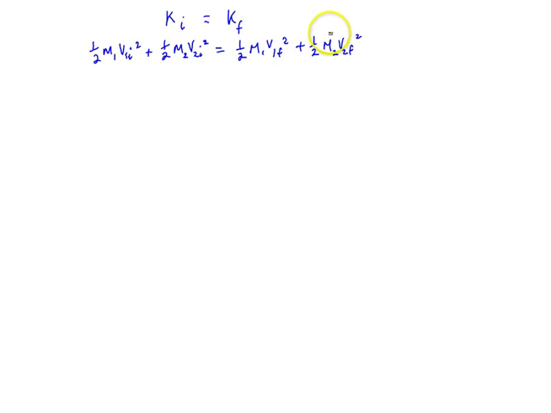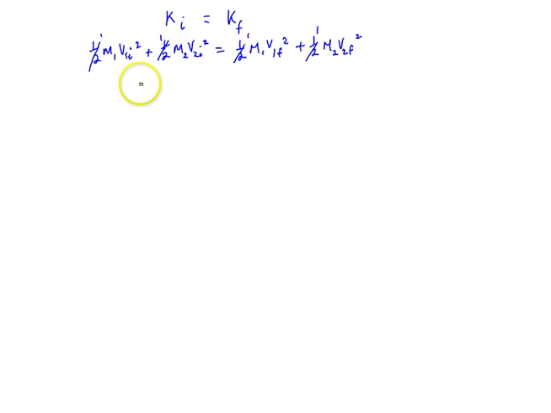So what I've done is I've written down the kinetic energy formula here, and I'm going to do some rearranging of this so that the halves, first of all, we can cancel all of that. And what we'll do is we'll put the M1 and M2 combined on each side.